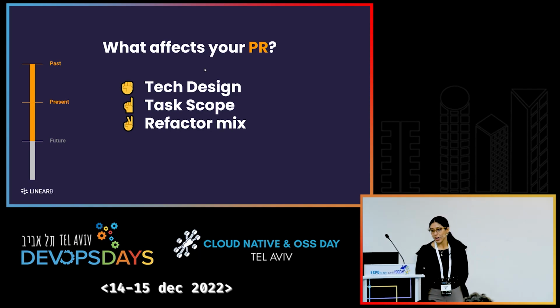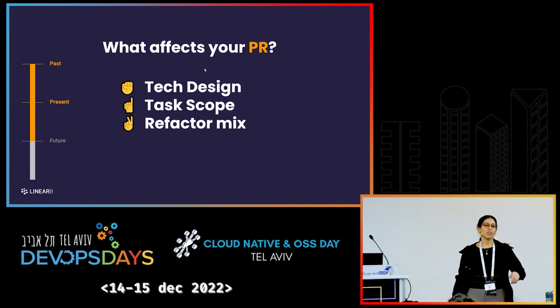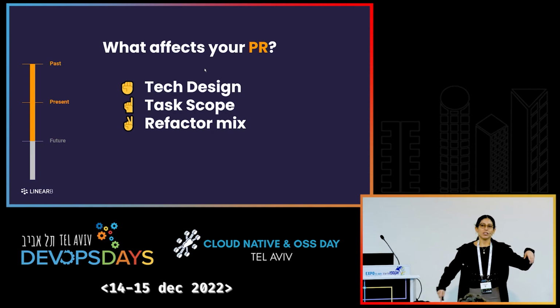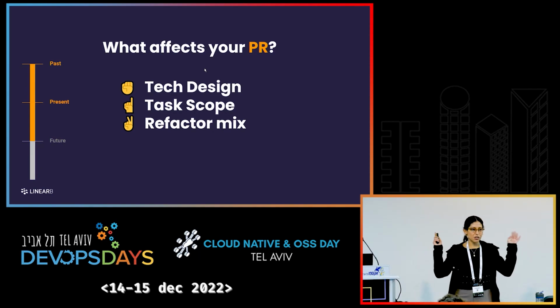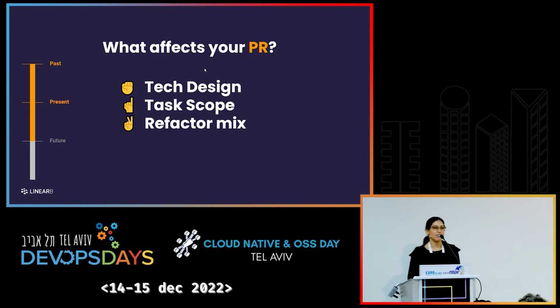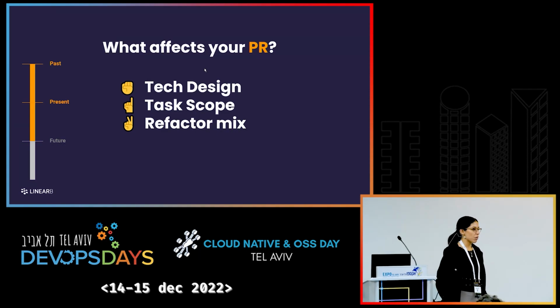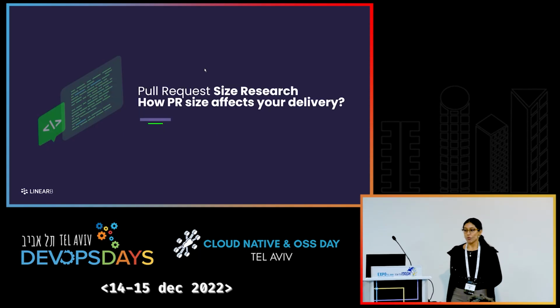Another thing that affects your PR is your refactor mix. We're all aware of it. We want to change just one thing there, and all of a sudden your PR is huge because you wanted to fix this, and you wanted to optimize this, and you wanted to remove duplicated code from that part, and all of a sudden you have this mixed refactor in the pull request that you want to deliver. So all of these affect your PR. You're probably aware of it, but there are many more reasons.